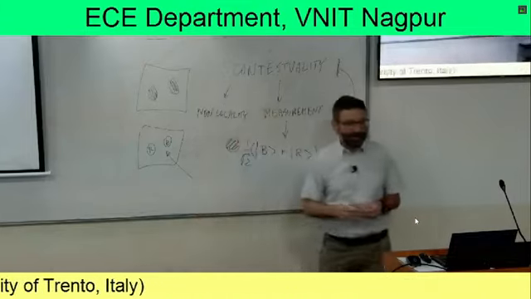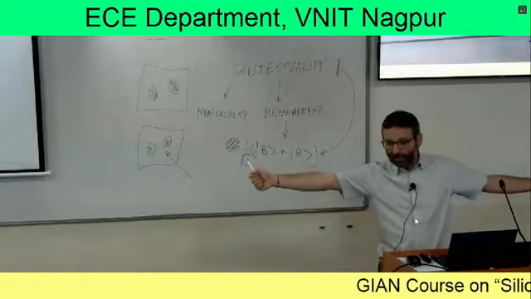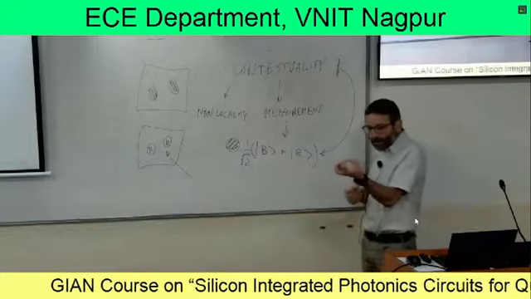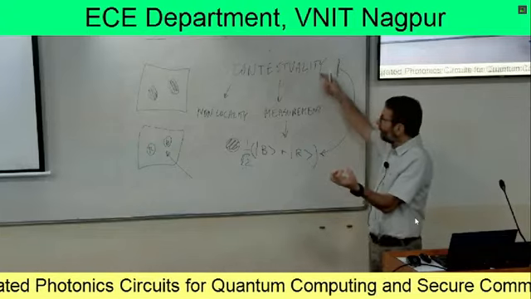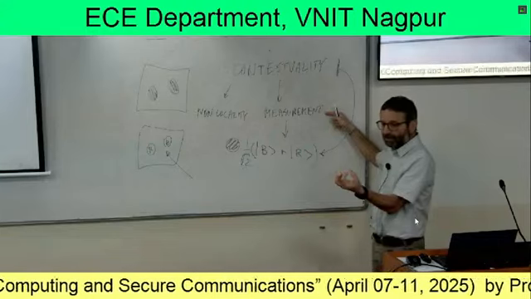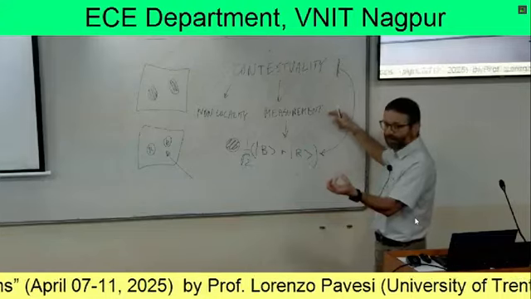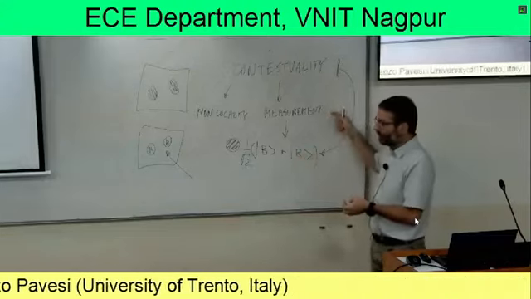Non-locality, what does it mean? It means that the entanglement is preserved even if the two particles are separated. Contextuality means that the property of the particle is determined by the way I'm performing the measurements. Sometimes the result is one result, and sometimes a different result. It depends on the measurements.